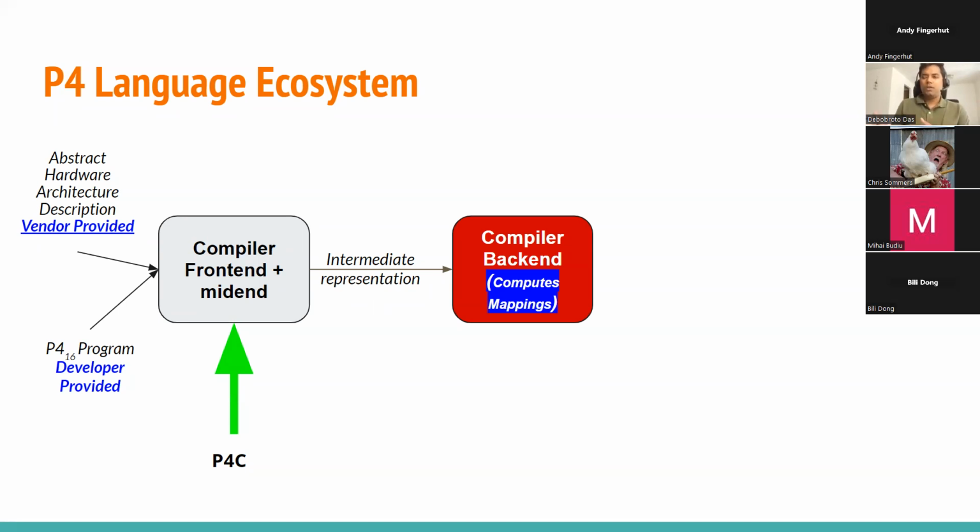If we want to map a P4 program, we need to specify what the resources are and what the amounts are: how many match action stages, and what is the number of table entries you can put in every match action stage. These kinds of information are needed for the compiler backend. So we need another piece of information here: the hardware resource description.